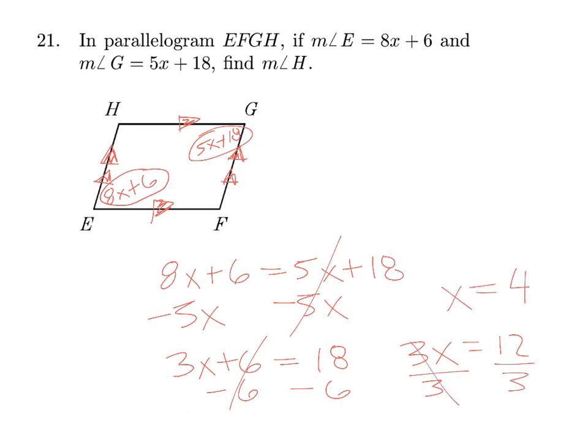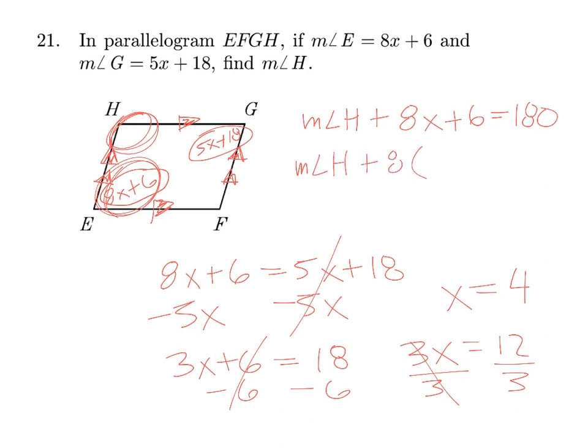All right, now if I want to figure out the measurement of angle H, I know the measurement of angle H plus these two angles combined add up to 180. So I'll have the measurement of angle H plus 8 times 4 plus 6 equals 180.